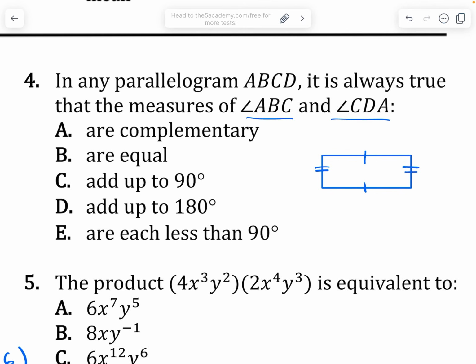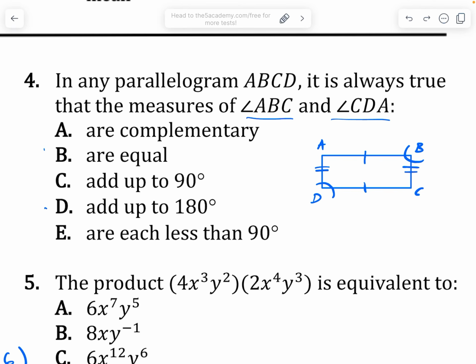So the measures, let's just label it A, B, C, D. Right, we're going to go all the way around. So it's saying the angle measures of ABC, it's that one, and CDA are always what? Well, in this case, they both add up to 180, and they're equal. They don't have to be less than 90.